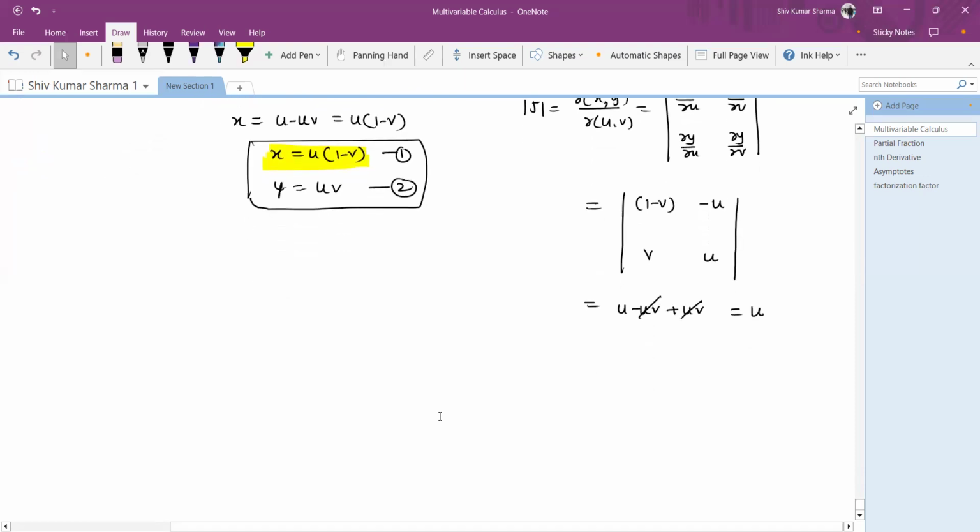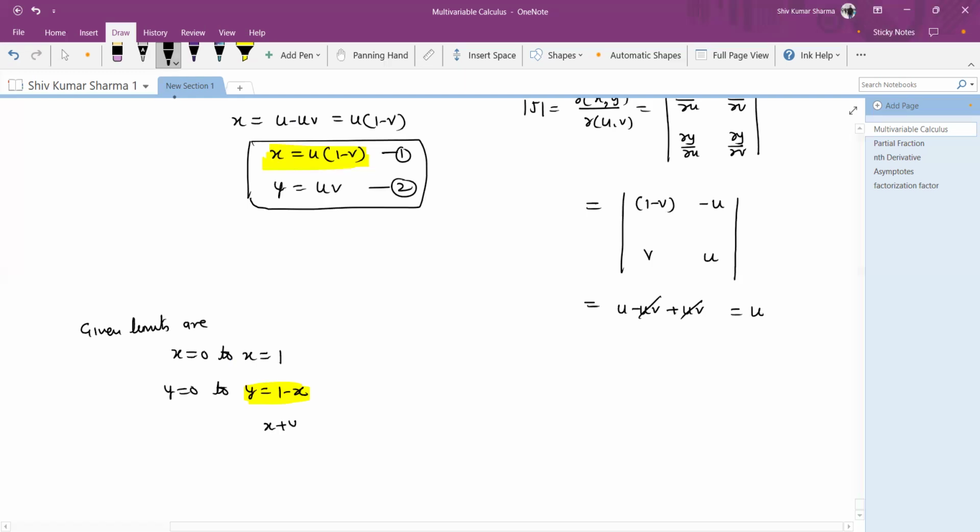So the given limits are x equal to 0 to x equal to 1, y equal to 0 to y equal to 1 minus x. Okay, so we focus on this particular limit. We can write this as x plus y equal to 1.